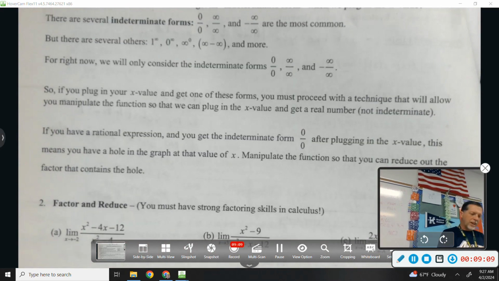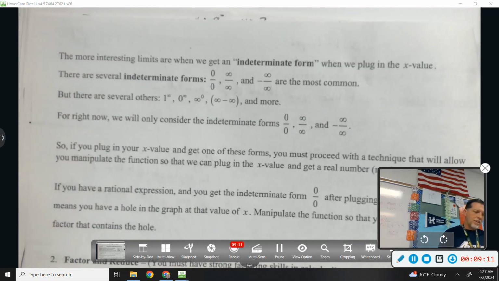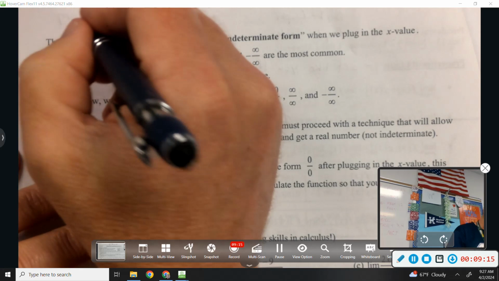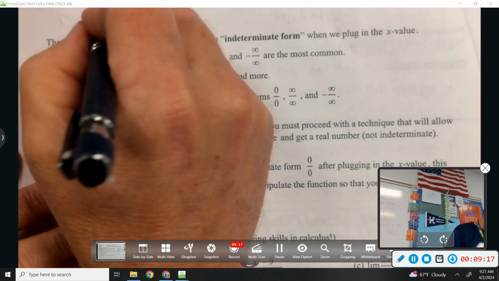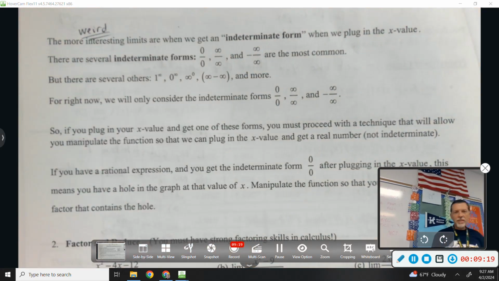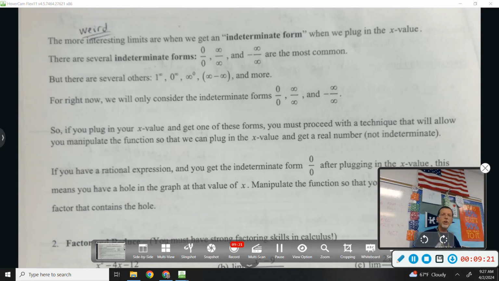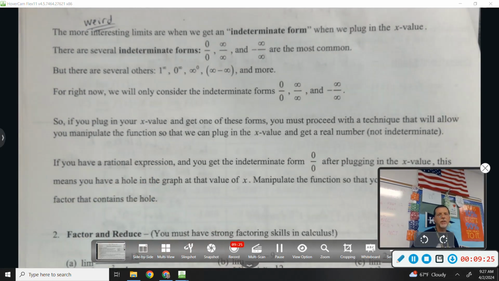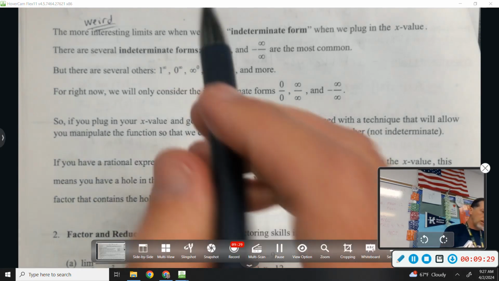Okay, and that's not even the weird cases. The weird limits are when we get an indeterminate form. In fact, we've been doing this in calculus the last couple of days. Indeterminate form when we plug in the x value.